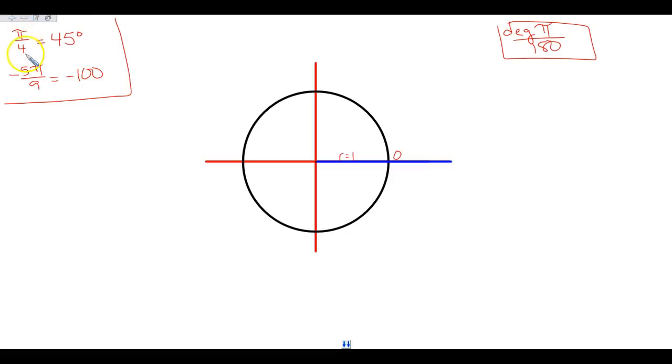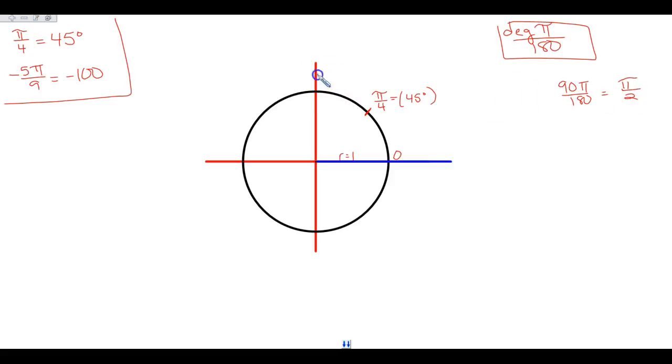Well, we said that pi over 4 was 45 degrees. So from this line, if I come up about 45 degrees, this is going to be pi over 4, or 45 degrees. If I look at 90 degrees, 90 over 180, so if I do 90 pi over 180, this is going to equal pi over 2.